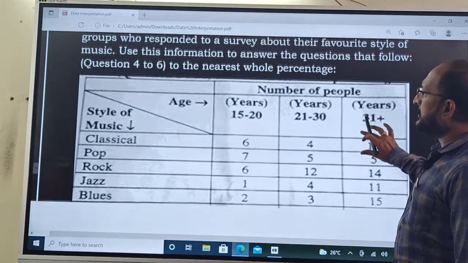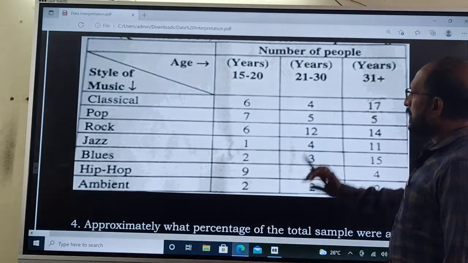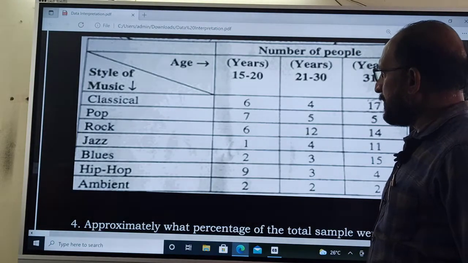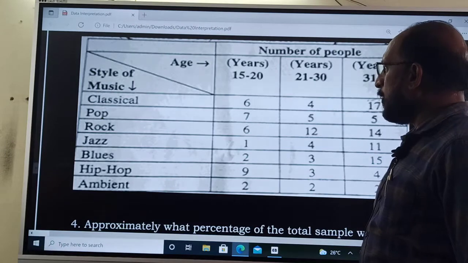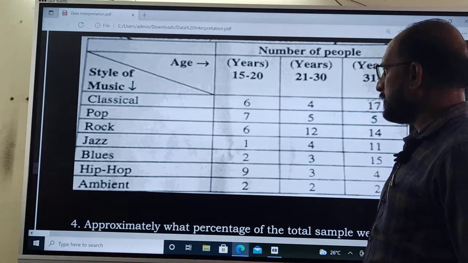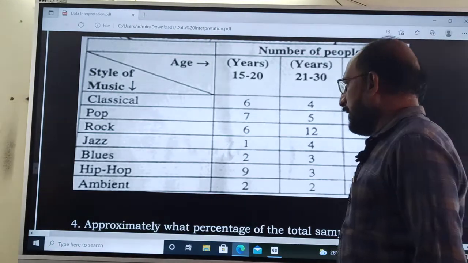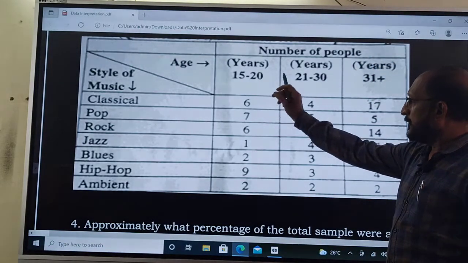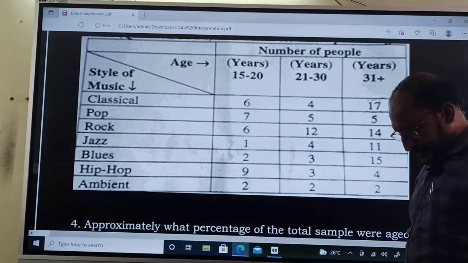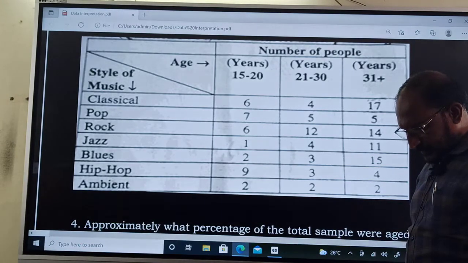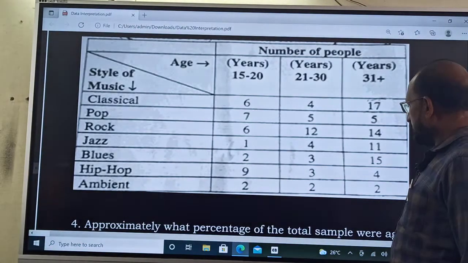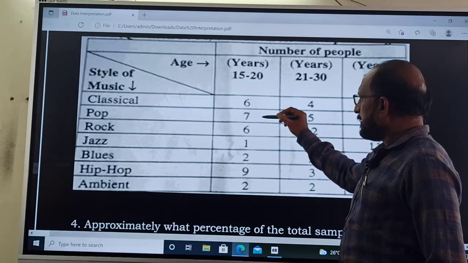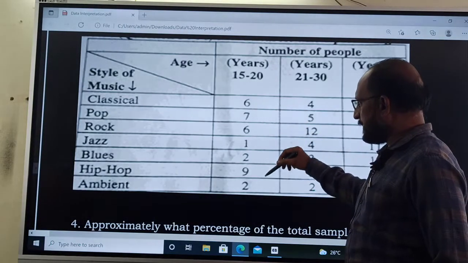What is given here? The styles of music are classical, pop, rock, jazz, blues, hip hop, ambient. For 15 to 20 years, the counts are 6, 7, 6, 1, 2, 9, 2.